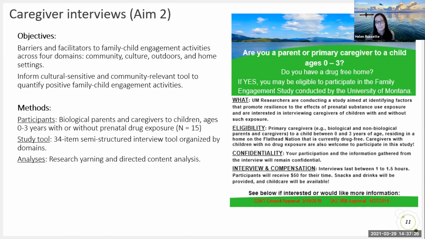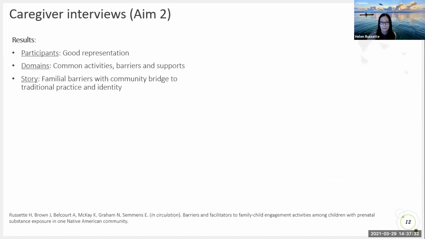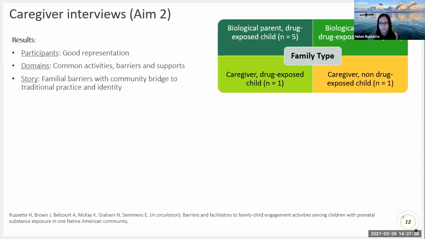And then the figure to your right is just the flyer that we use for recruitment. And so for our results, we had fairly good representation among participants. The figure to your right shows number of participants by family type, and you'll see the top two, the majority were biological parents to children, both with and without prenatal substance exposure.